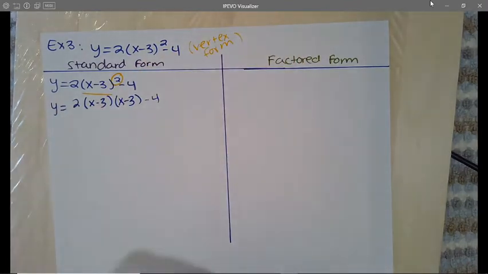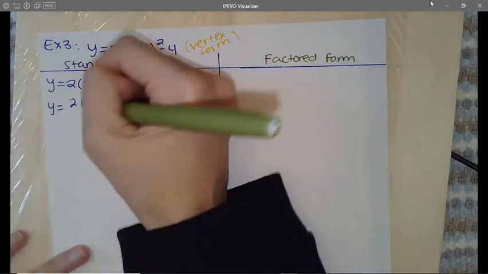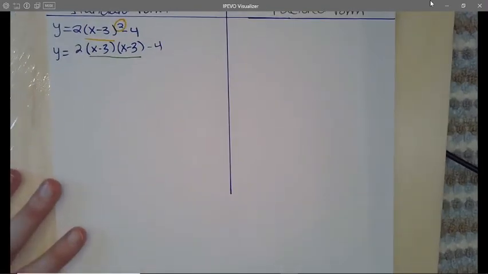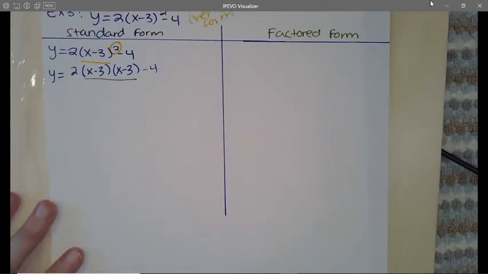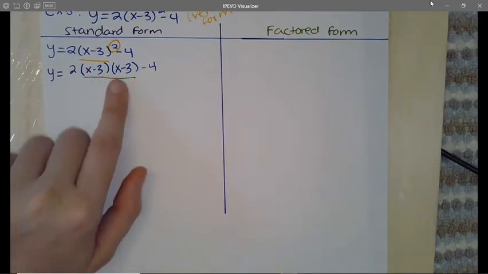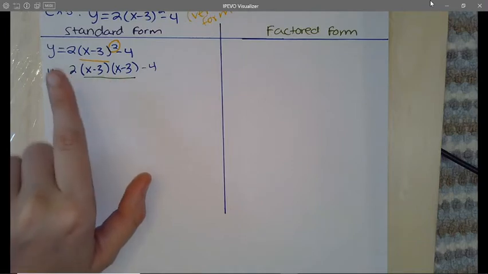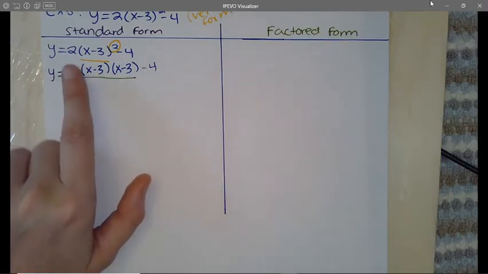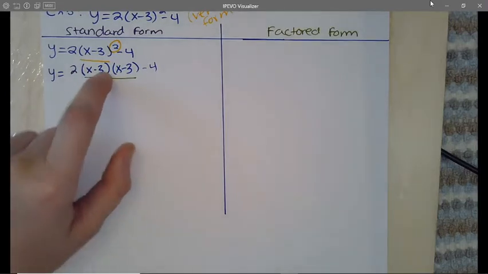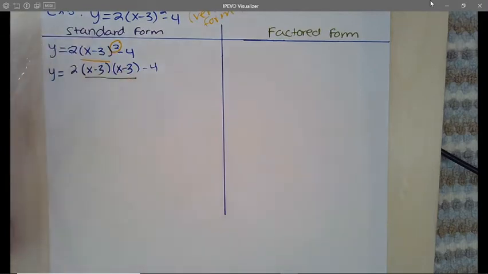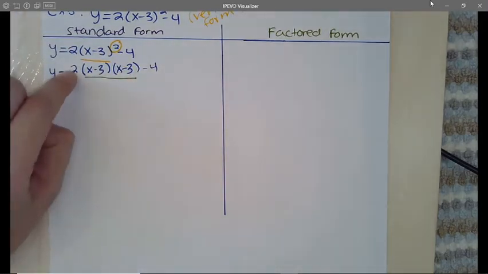Now that I've written it 2 times, you probably see, how do you solve something when you have 2 parentheses side by side? You distribute. Me personally, I like to distribute these 2 parentheses first, then deal with the 2. Technically, you can distribute the 2 to one of the parentheses, and then whatever you get, distribute it to the other parentheses. But a lot of times, my students end up messing something up when they do that, especially when they try to multiply the 2 to everything.